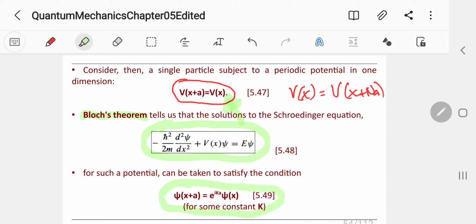For some k, your wave function at x plus a will just be that function, and then you have e to the ika, which is behaving periodically inside the solid.